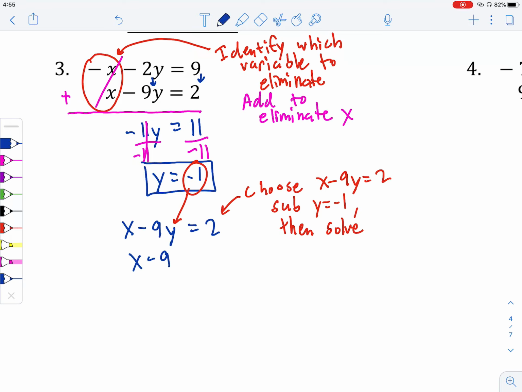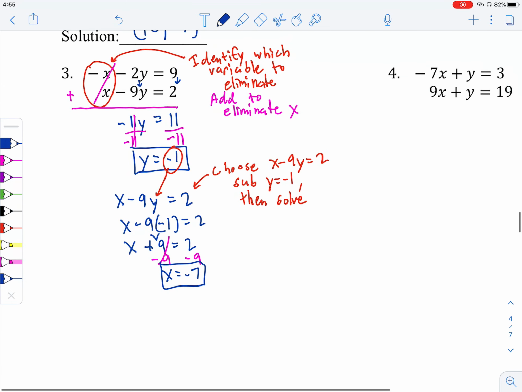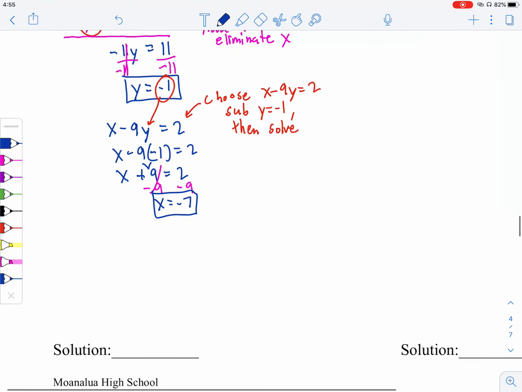So we get x minus 9 times -1 equals 2. -9 times -1 is positive 9, so x plus 9 equals 2. Subtract 9 from both sides. X is equal to -7. Bam. Right, so our y is -1, our x is -7.